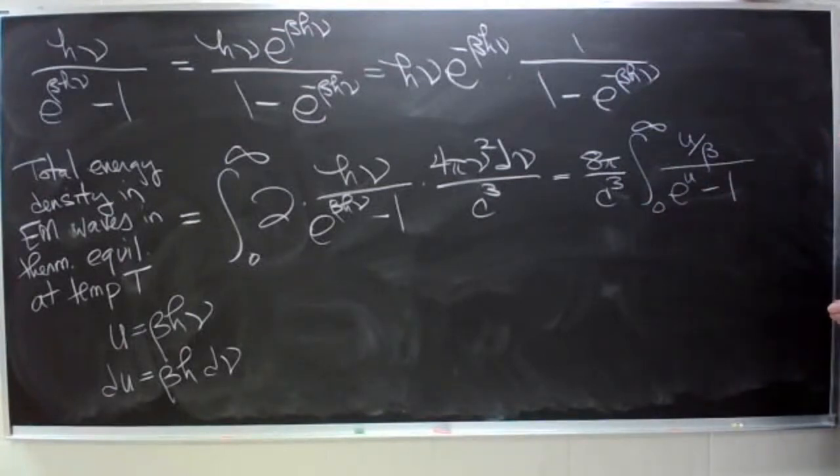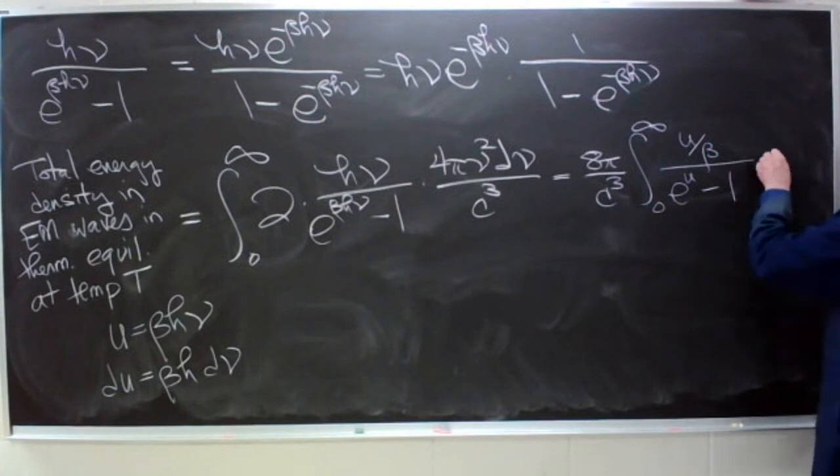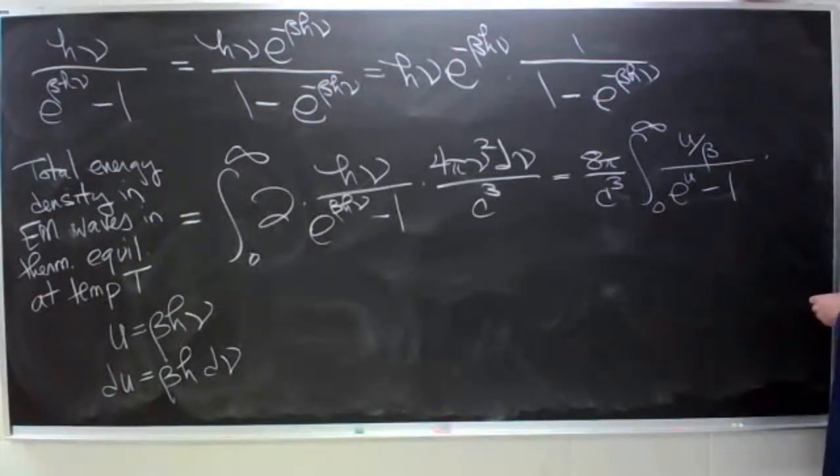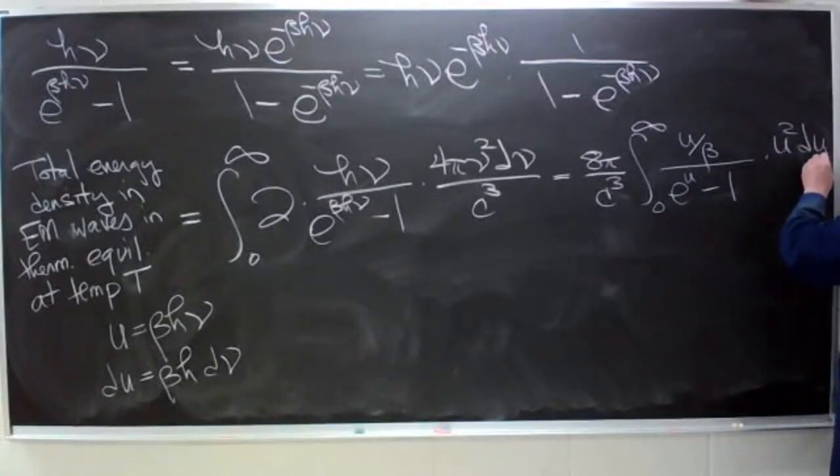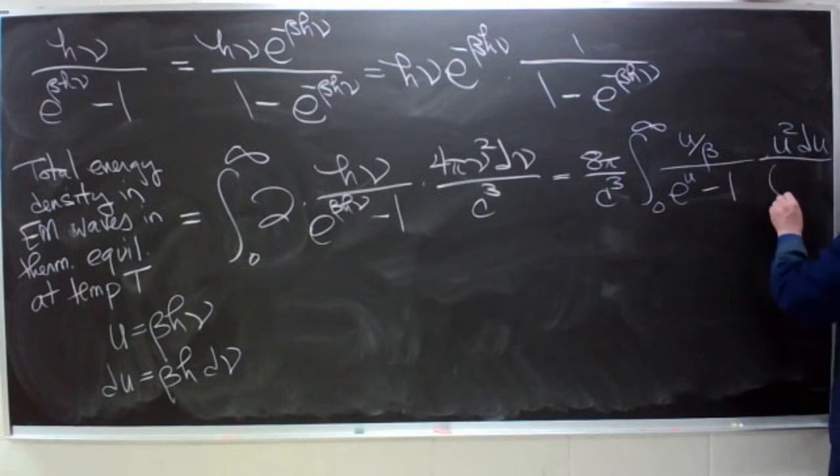e to the beta h nu is just e to the u. And then I'll have nu squared d nu, that's just u squared du divided by beta h cubed.